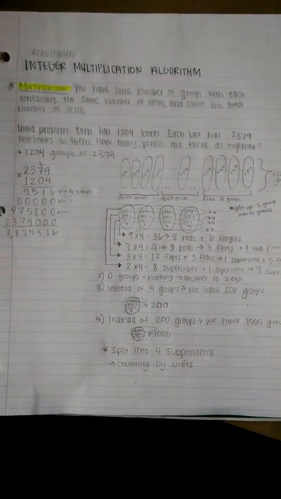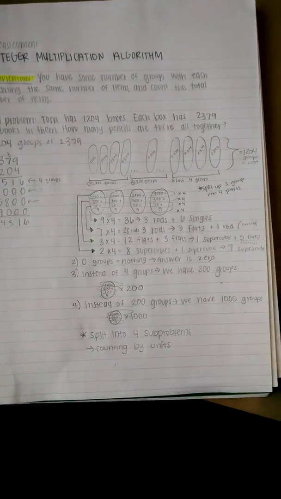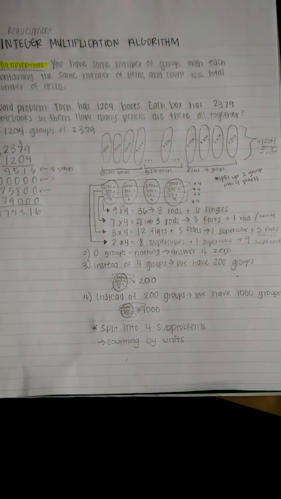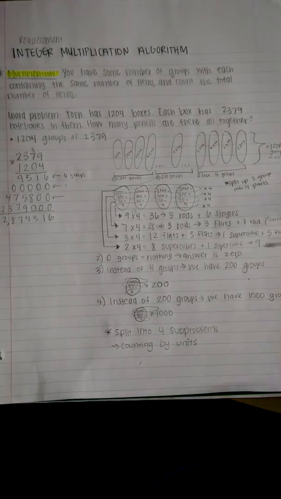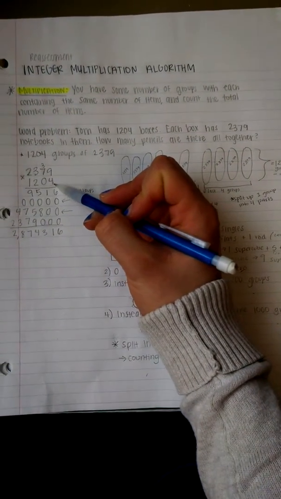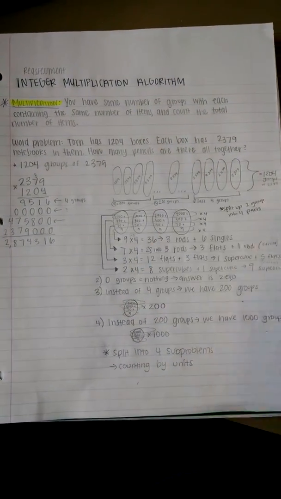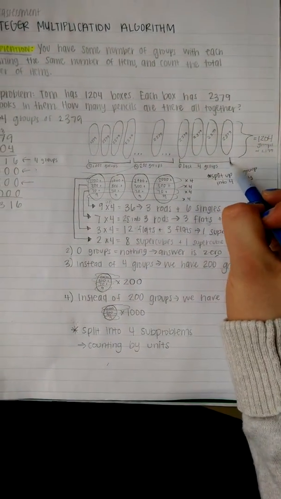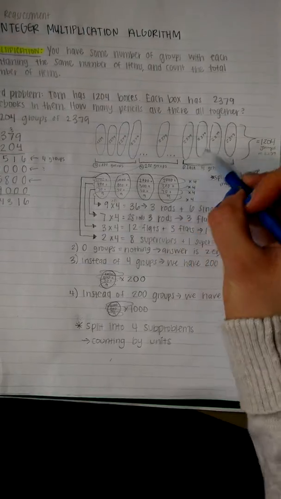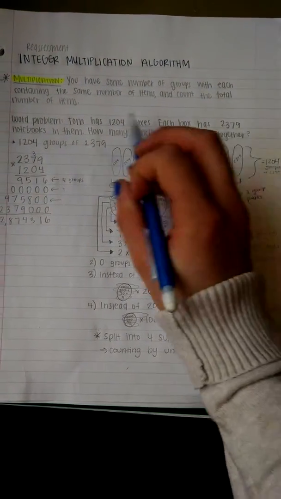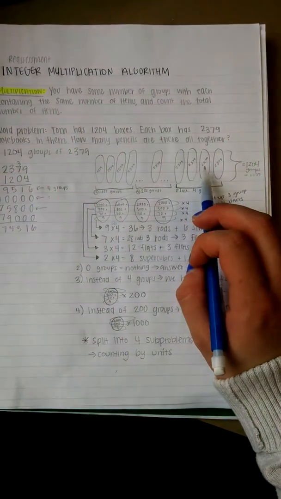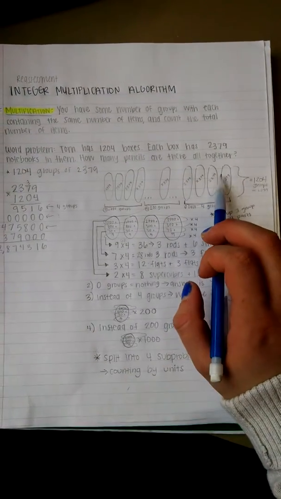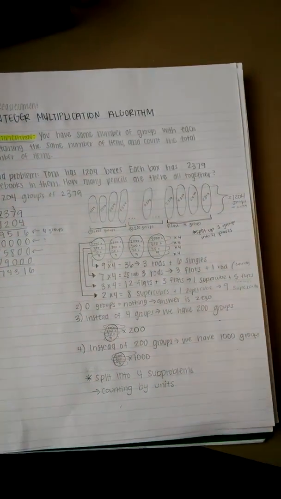So we can divide this problem up into sub-problems. First we start with the singles place, which is the 4, or the ones place. That means we're starting with the last 4 boxes, with 2,379 notebooks in them.